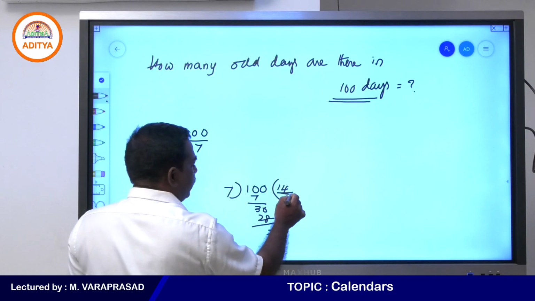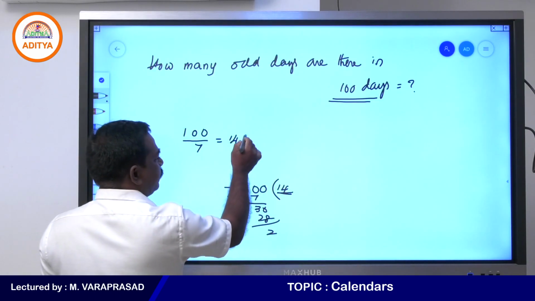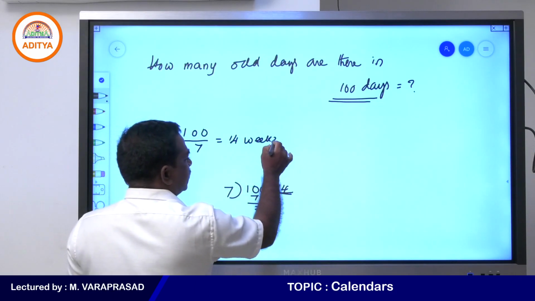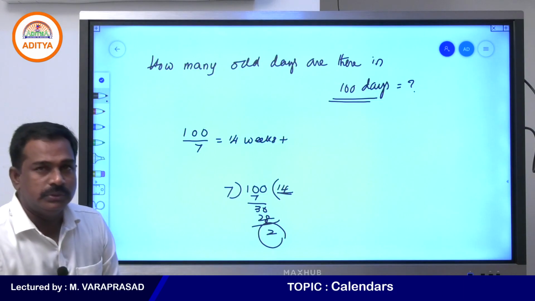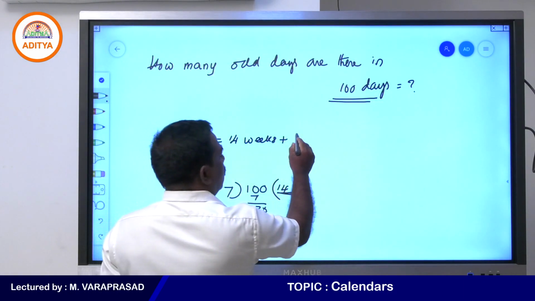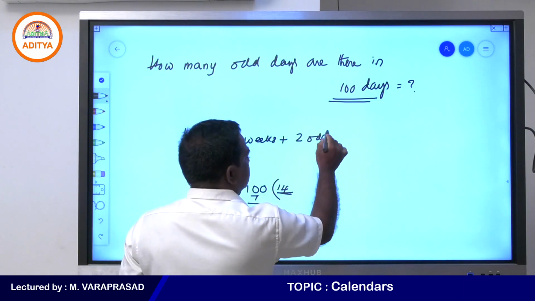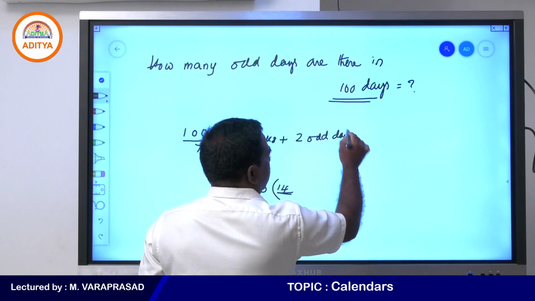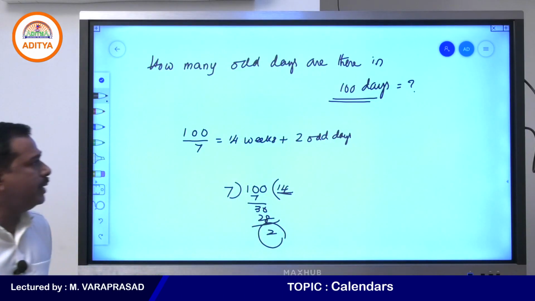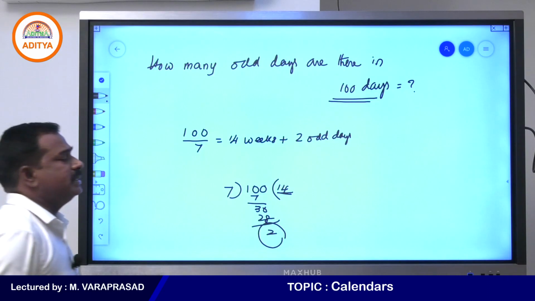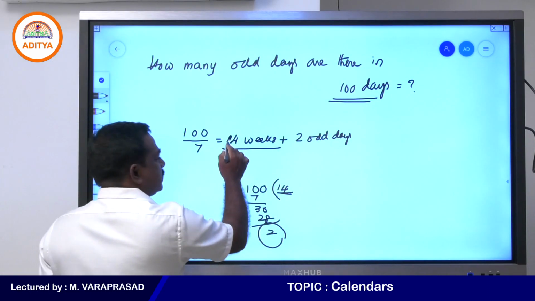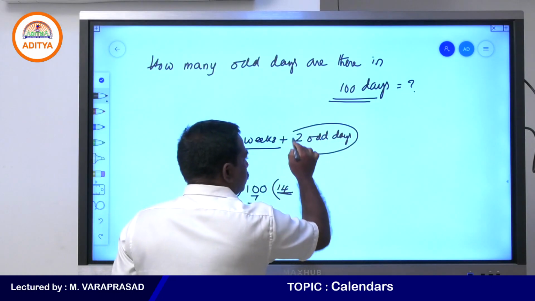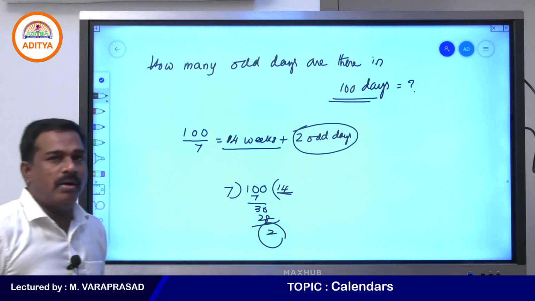So here you get 14 weeks exactly, and 2 days are remaining. The 2 days we call odd days, 2 odd days. So in 100 days we get 14 weeks exactly plus 2 odd days.